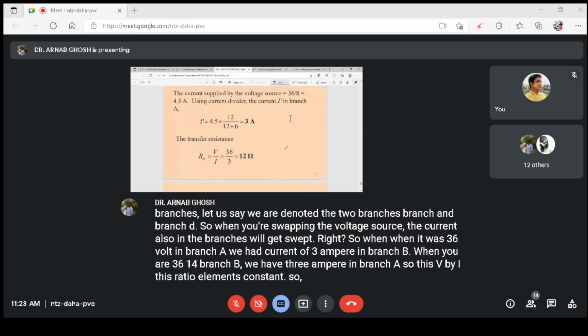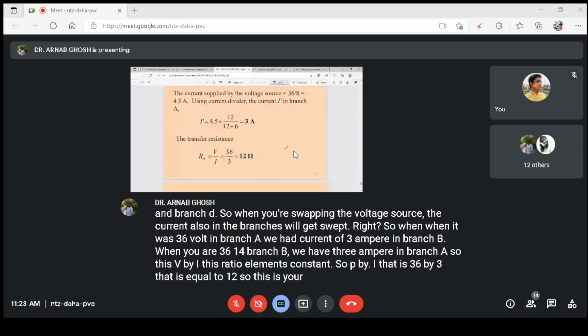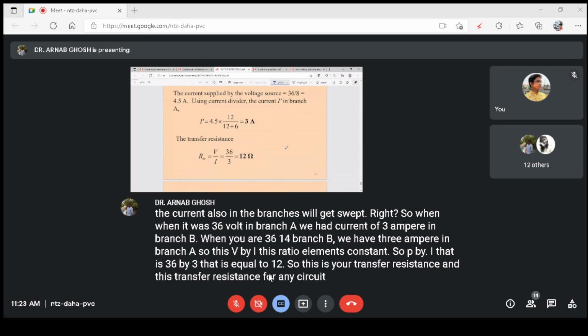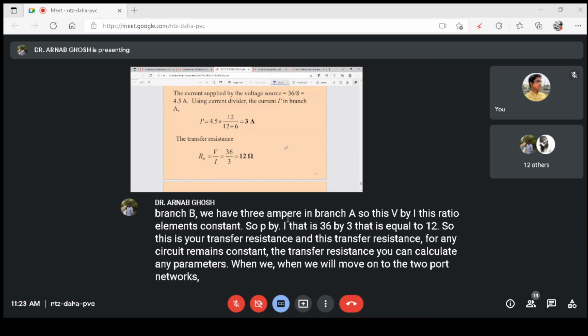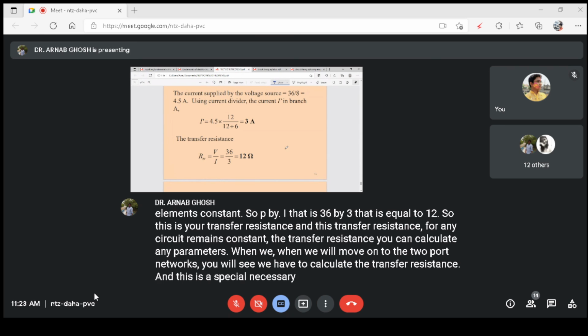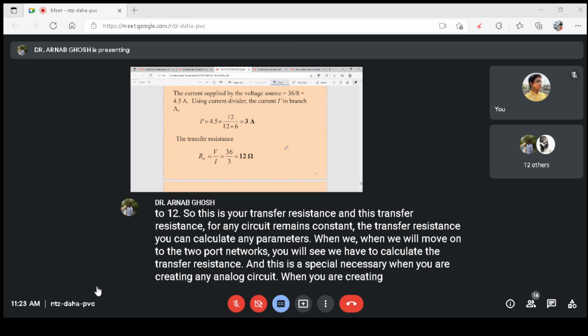So V by I, that is 36 by 3, this is your transfer resistance, and this transfer resistance for any circuit remains constant. The transfer resistance, you can calculate in any pattern. When you move on to the two-port networks, you will see we have to calculate the transfer resistances, and this is especially necessary when you are creating any analog circuit.